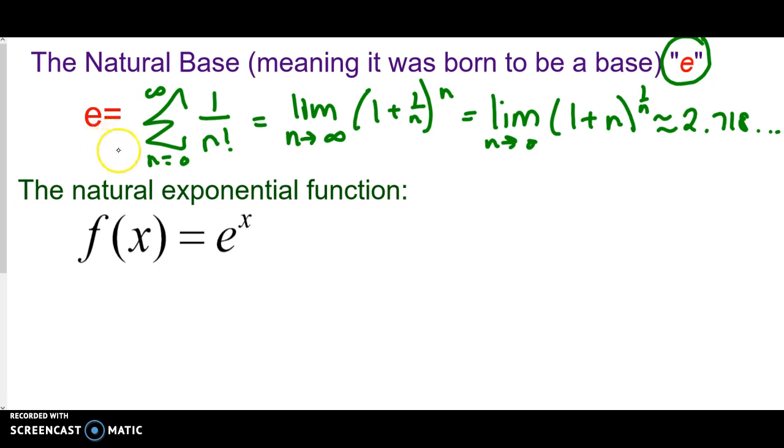They do have the same work and description in the textbook, so if you're curious, go ahead and check it out. But we can actually calculate the value of e using summation notation and also limits, which we're going to spend a good chunk of time on coming up next semester. But all of these forms get us to really calculating that the value of e is 2.718, and so on.